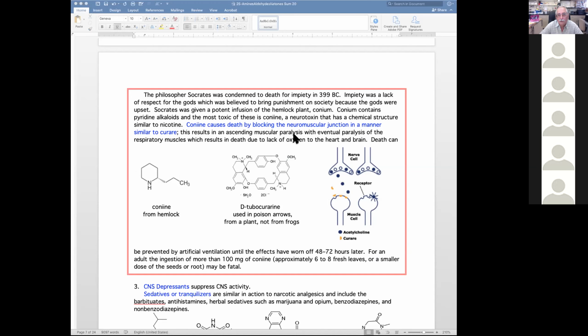So the muscular paralysis basically makes you stop breathing, and then that's how you die. So if you make the person breathe, put them on a ventilator, you can save that person's life because the coniine will eventually wear off.